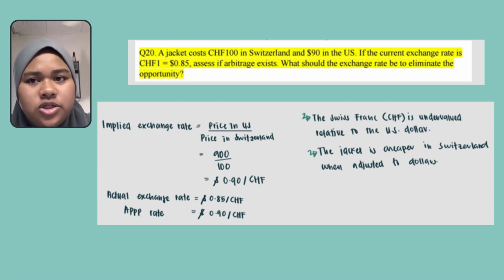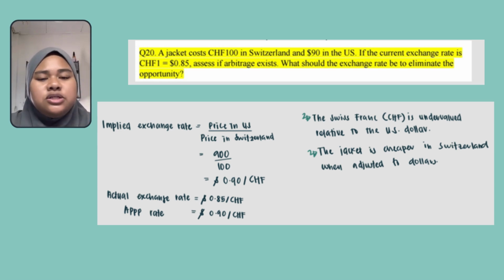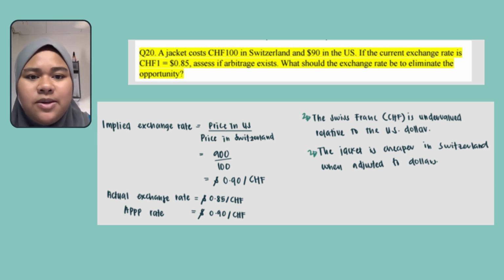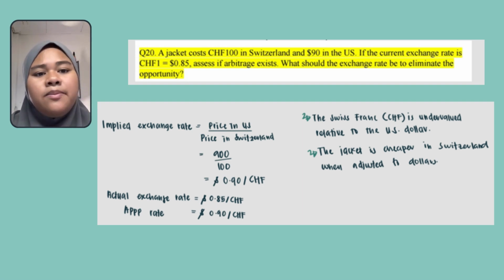The next question, which is question number 20, I will analyze whether an arbitrage opportunity exists using the theory of absolute purchasing power parity by comparing the price of a jacket in Switzerland and the United States. So the given data is the price of the jacket in Switzerland is CHF 100 and the price of the jacket in the United States is 90 USD.